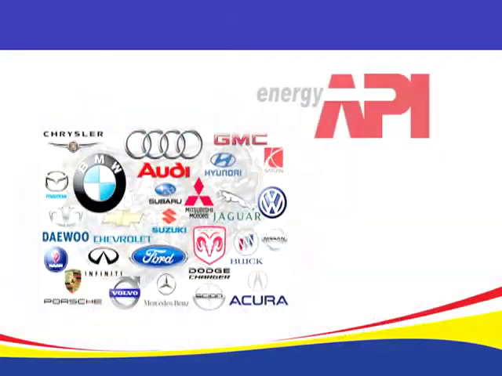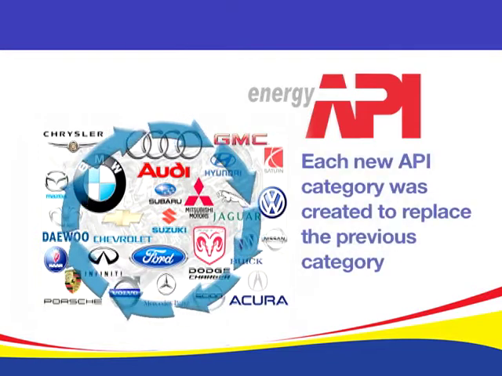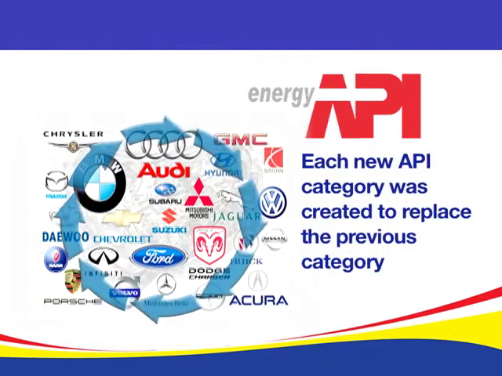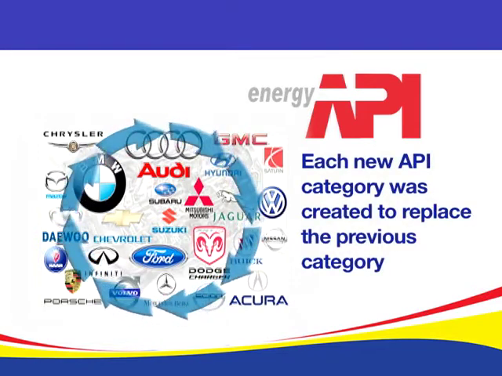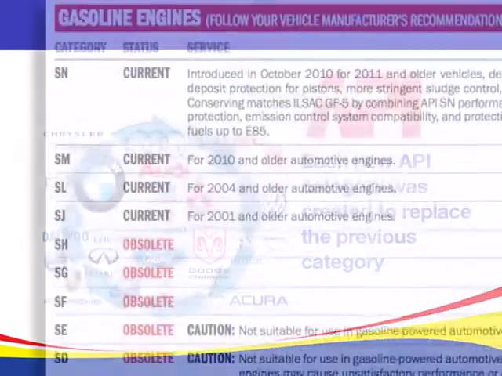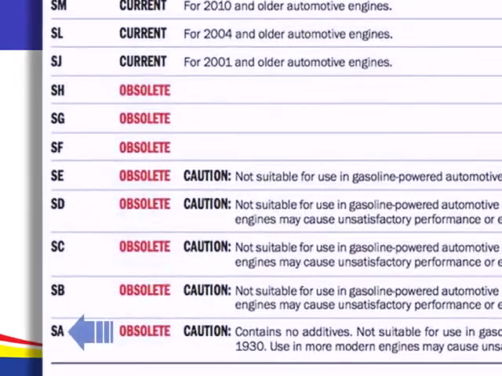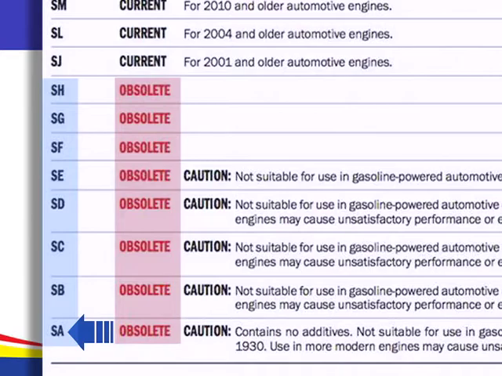This situation forced the API to increase their standards for engine oil specifications as well. This became a cycle where each new API category was created to replace the previous category with improved oil performance. As you can see, SJ through SN are the current API categories, while SA through SH are now obsolete.